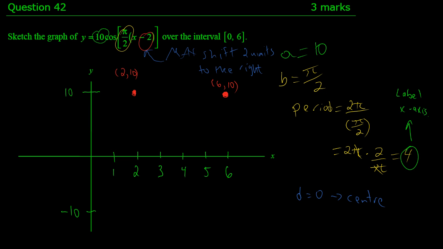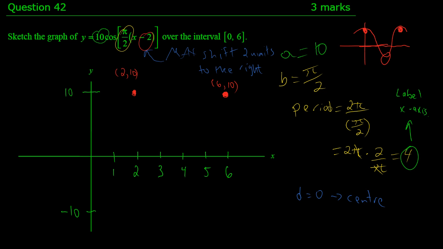Now, what happens in between is also very important. And what I recommend is just sketch the cos graph we know and love from everyday life. In between 2 maximums is your minimum. So we want to put a minimum, and we know the minimum value is negative 10. So what's in between 2 and 6?